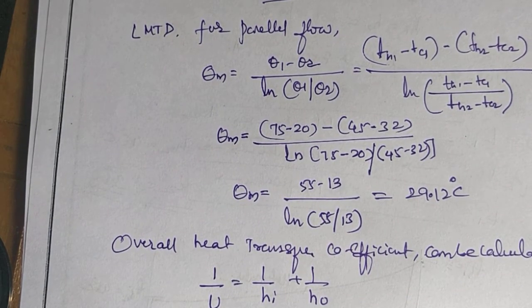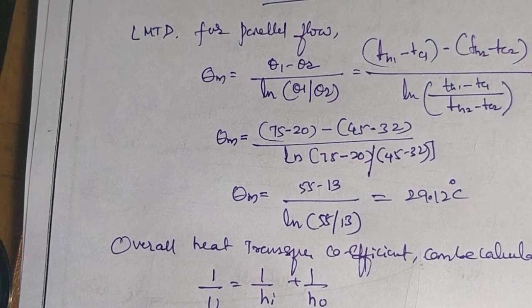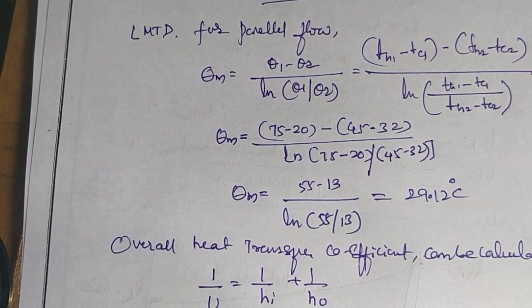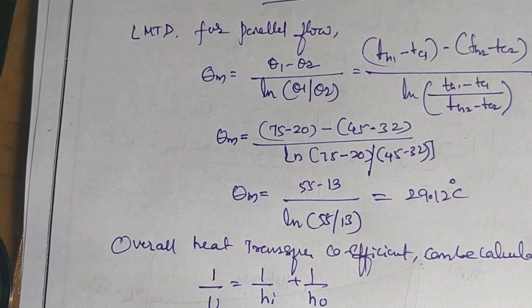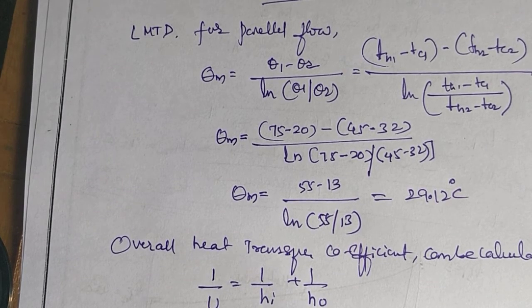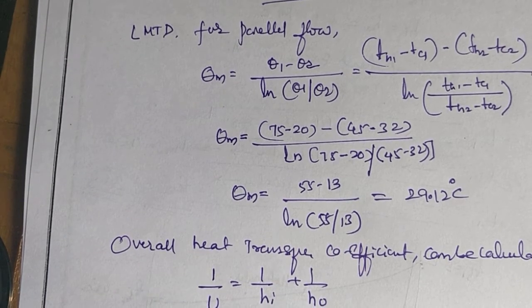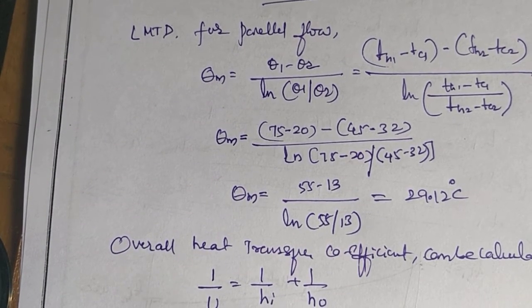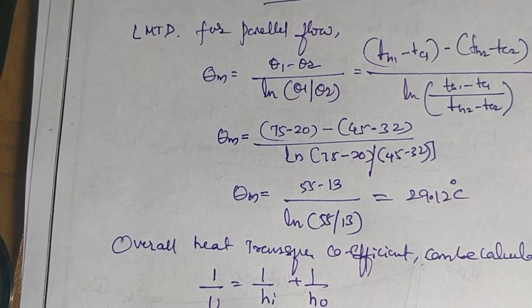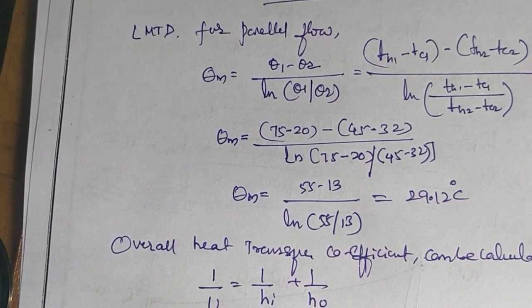Both hi and ho are the same, 650, so 1 divided by 650 plus 1 divided by 650. So 1 by U is equal to 1 by 325, and U is equal to 325 watt per meter square degree centigrade.